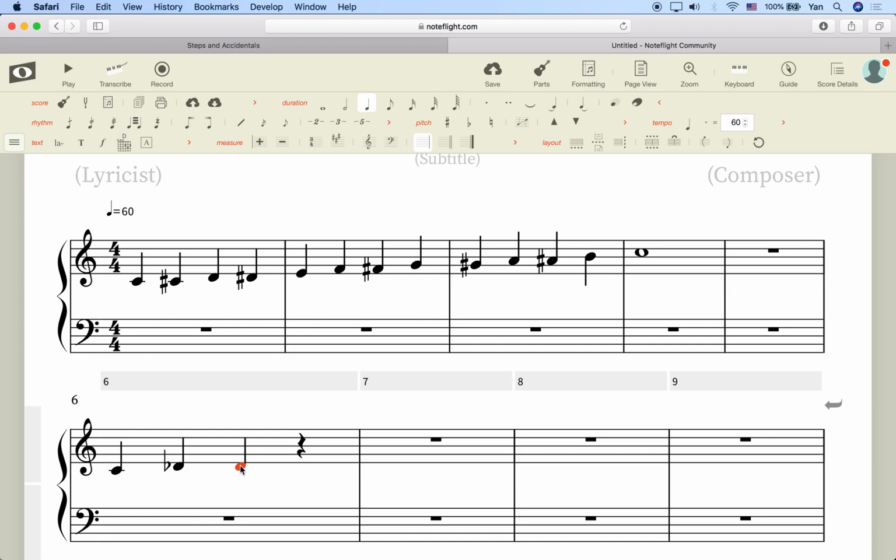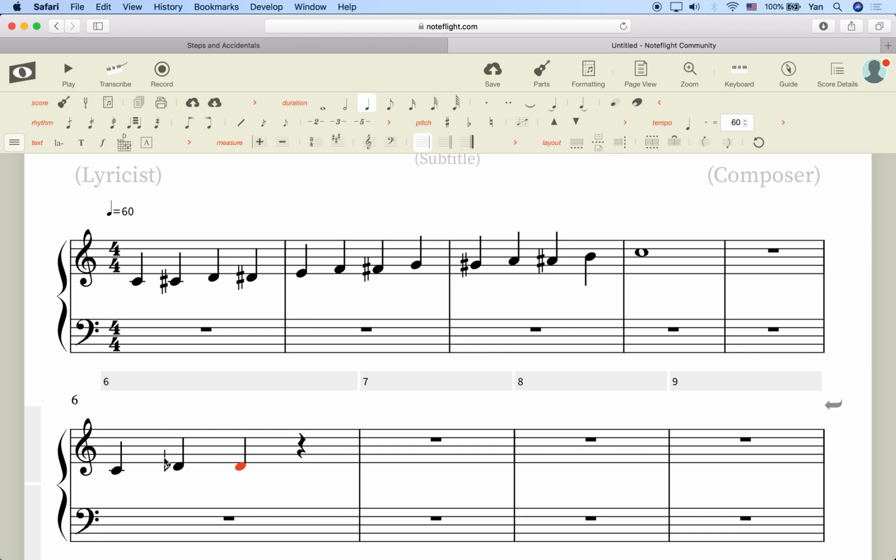And that rule, when an accidental carries over to all of the same letter names, applies within one single bar. If I had written the D in the next bar, it would have gone back to the default, which is D natural.